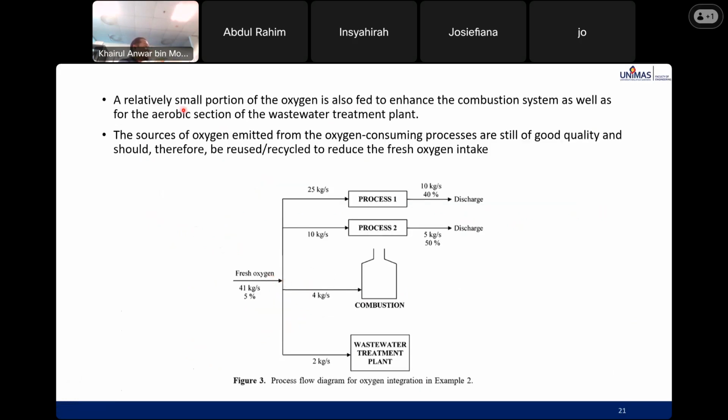A relatively small portion of the oxygen is also fed to enhance the combustion system as well as for the aerobic section of the wastewater treatment plant. So from 41 kilogram per second, 4 kilogram goes as fuel, 2 kilogram to the wastewater treatment plant.